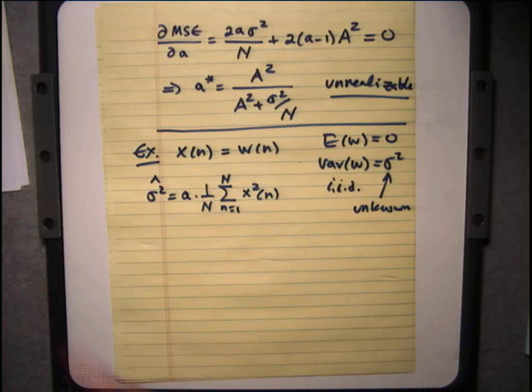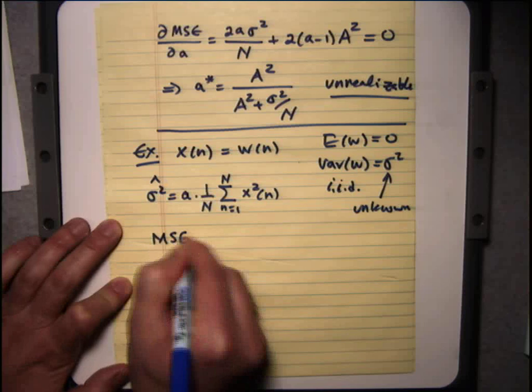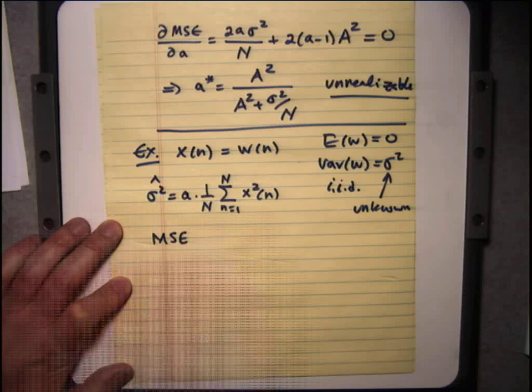Now I'm going to skip the calculations, and I'm just going to show you what the mean squared error looks like. The details are very much like the one we did before.